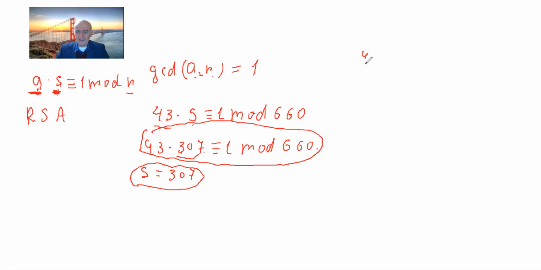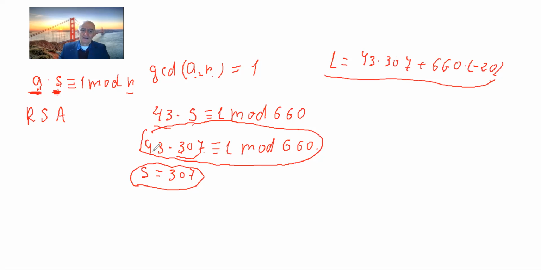And we represented it as 43 times 307 plus 660 times minus 20. And because of this, I can write this congruence, and I can define from here S. S is called the inverse of 43. Please, any questions?